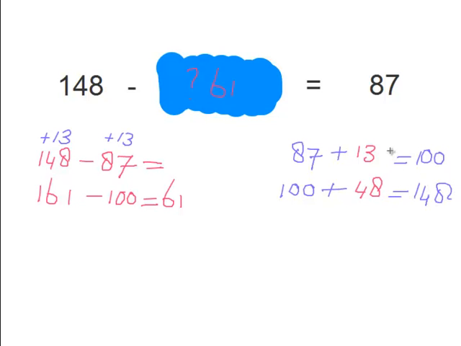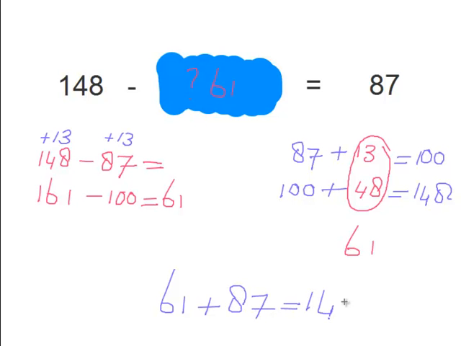So now all we have to do is add these pink numbers here. And we know that 13 plus 48 equals 61 as well. And we can check our problem. So 61 plus 87 does equal 148.